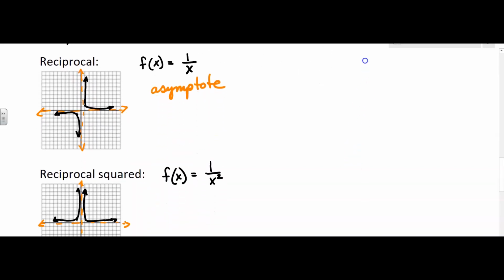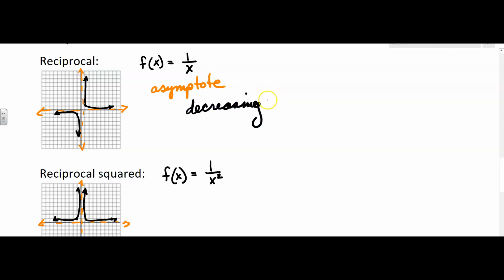All right. The reciprocal function, well, it's not drawn very well here, but it looks like it's decreasing from -infinity to 0, and then it's still decreasing from 0 to infinity.